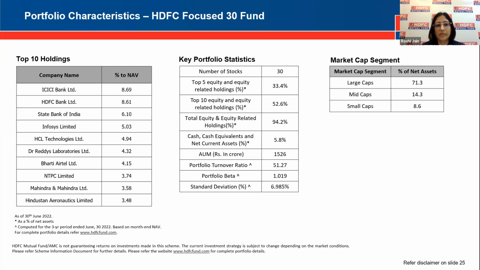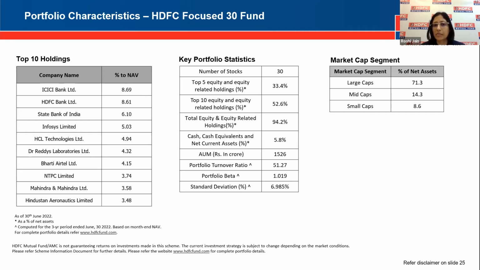So I think from that perspective, we've tried to ensure diversification across sectors, as well as across both the cyclical as well as the more defensive parts of the economy. As you can see, portfolio beta around 1, so it's not that we are taking too much above market risk in the portfolio. This is a 1,500 crore AUM product.